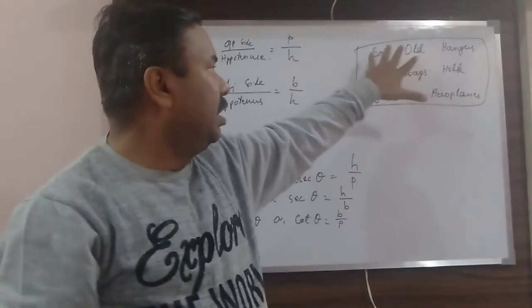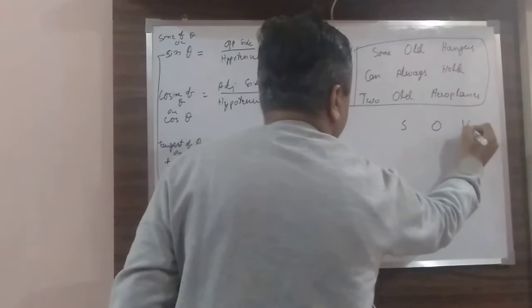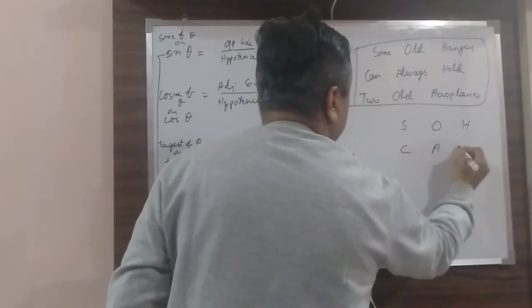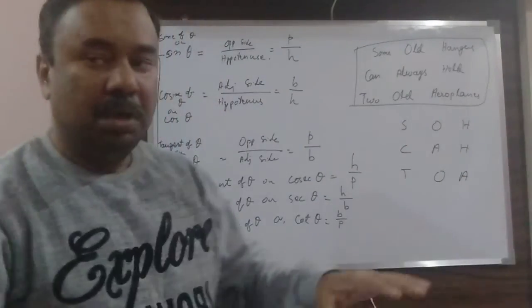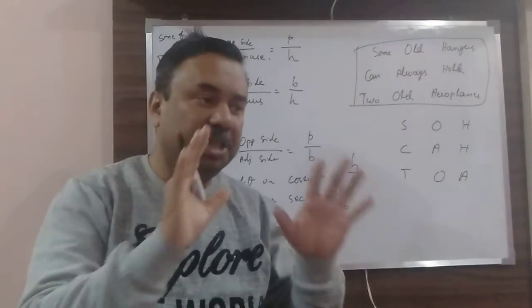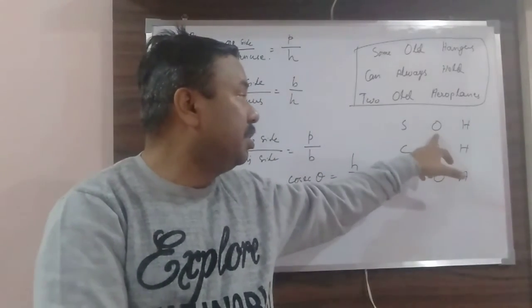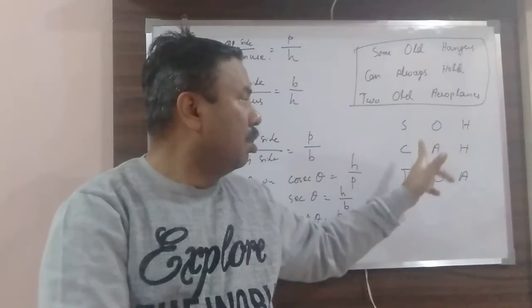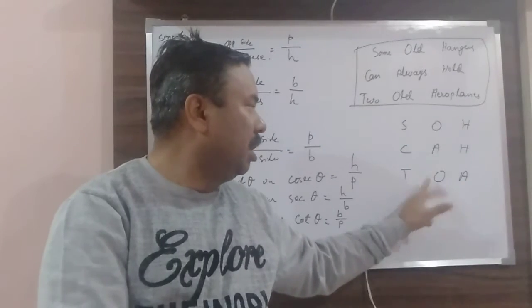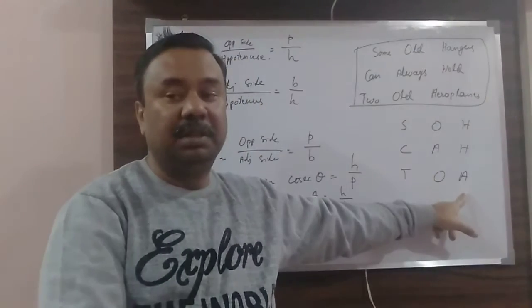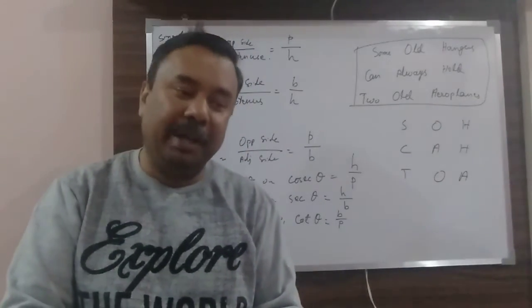If you take the first letter of each, so it is Some Old Hangers Can Always Hold Two Old Aeroplanes. So now you see how simple it is. Just remember one sentence and you get sine is opposite side over hypotenuse, cos is adjacent side over hypotenuse, and tan is opposite side over adjacent side. Okay, so this is the very simple way to remember the ratios.